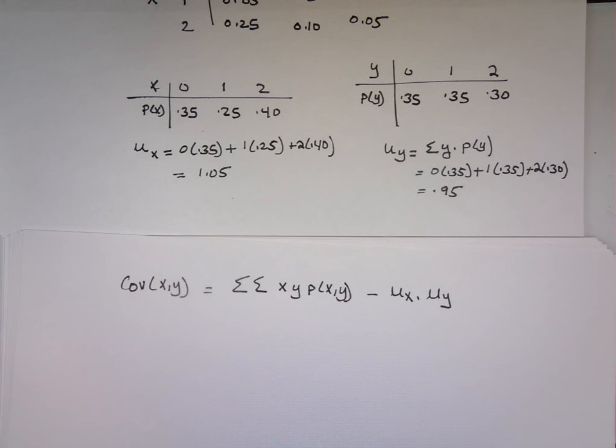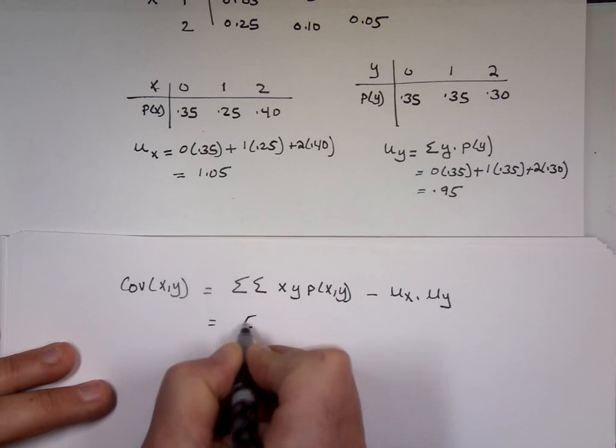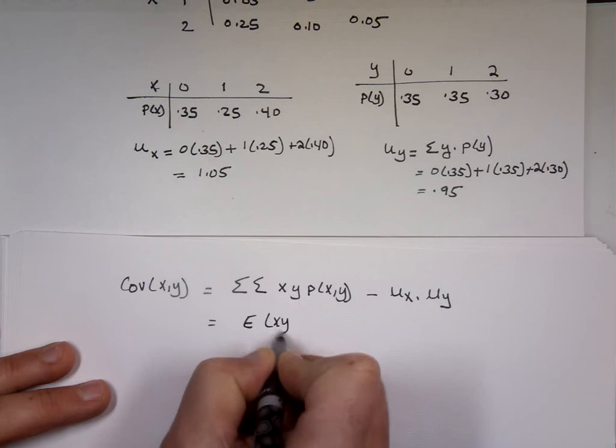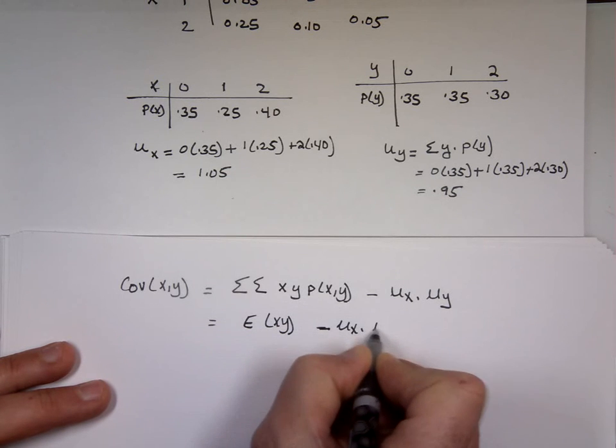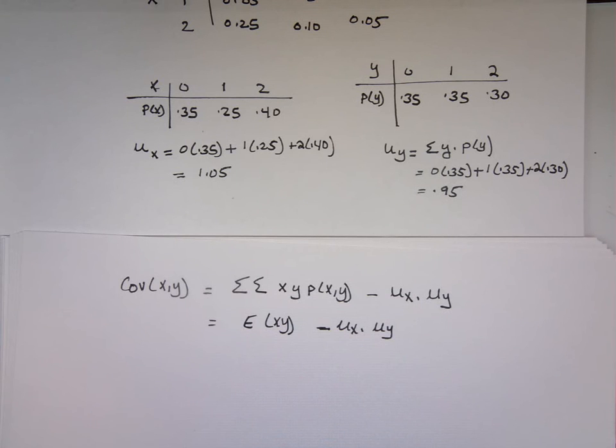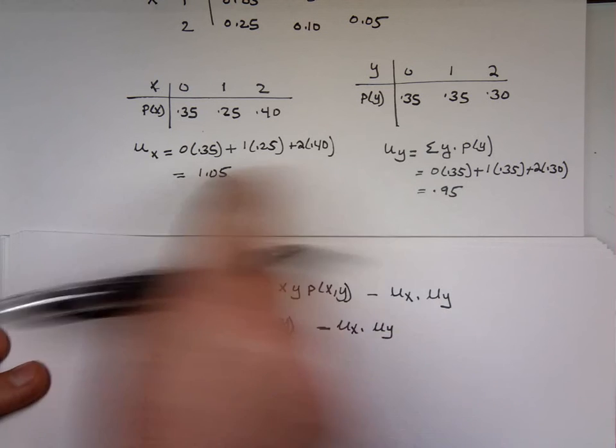Was that the shortcut equation? Yeah, the expected value of xy minus mu x times mu y, or the expected value of x times the expected value of y. It's the same thing. So I know this and that; I just did them.